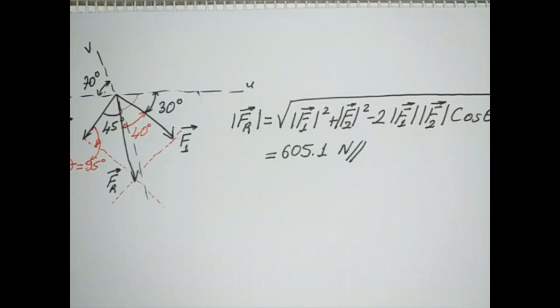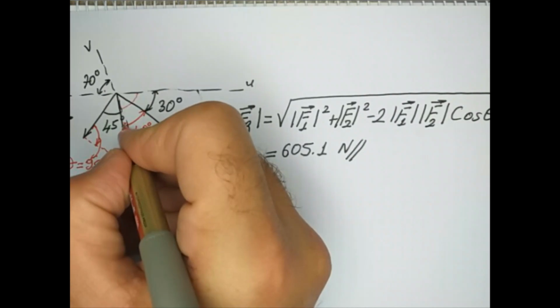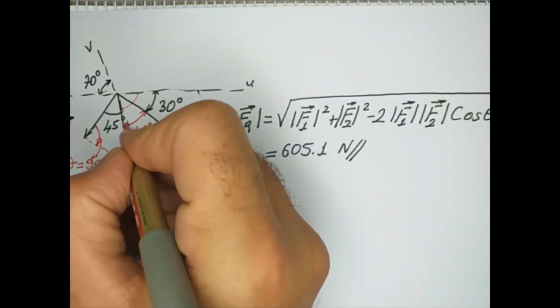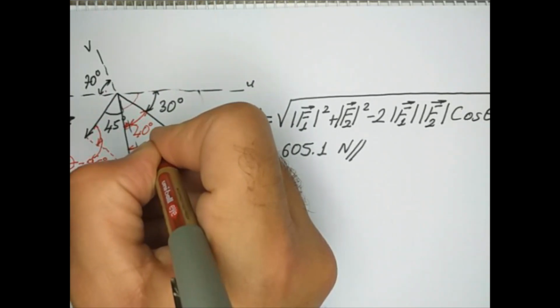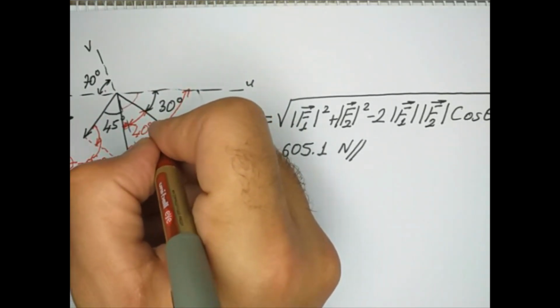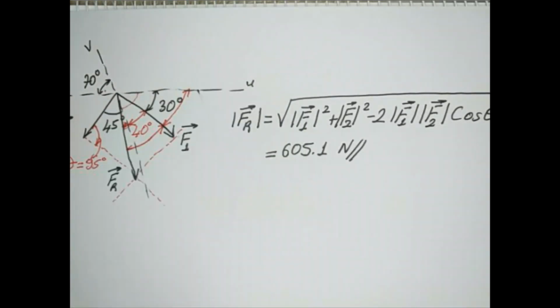Therefore, I have to find this angle. This angle is known, this is 30, and therefore I should find this one. Now I can use the sine theorem.